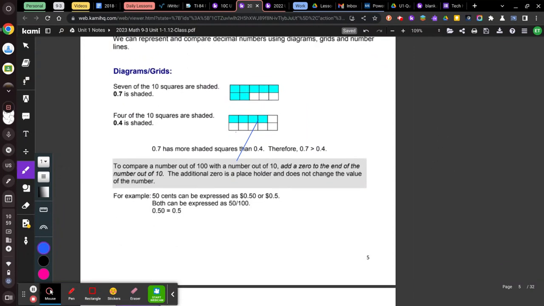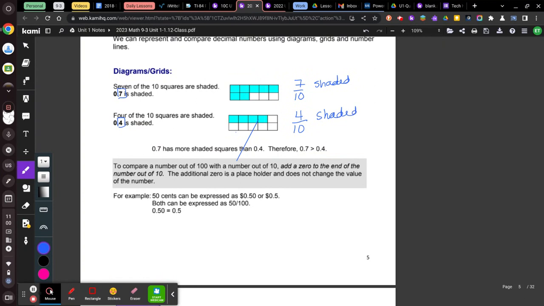If you've got one digit after the decimal, that's going to be in the tenths place. So that means you've got 7 out of 10, and that's how much should be shaded. And on this one, you've got 4 out of 10 shaded squares.